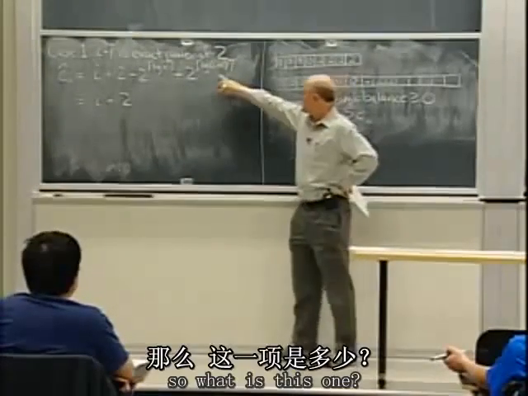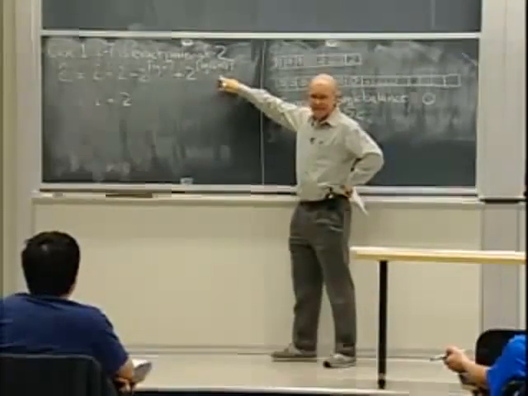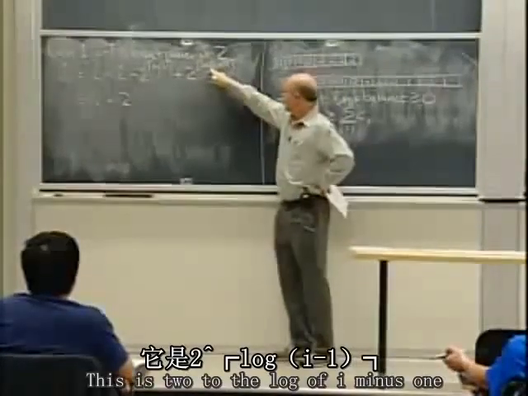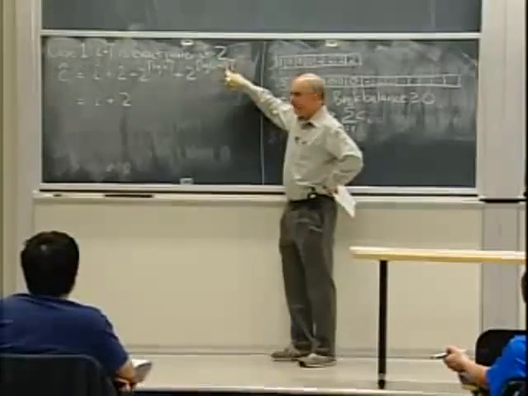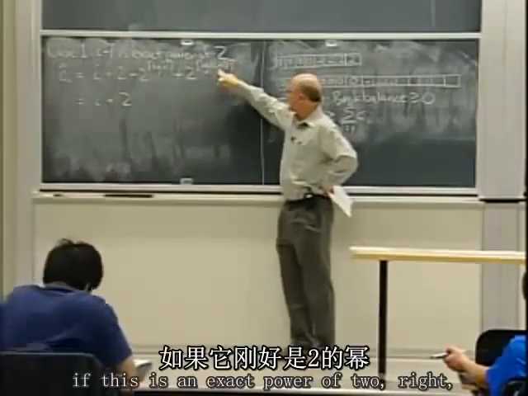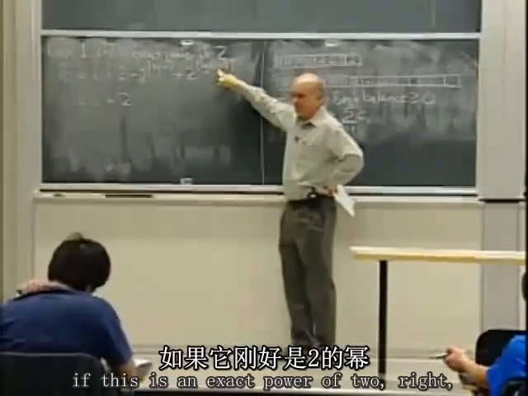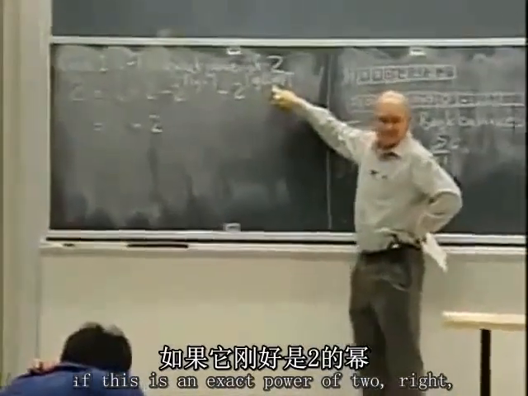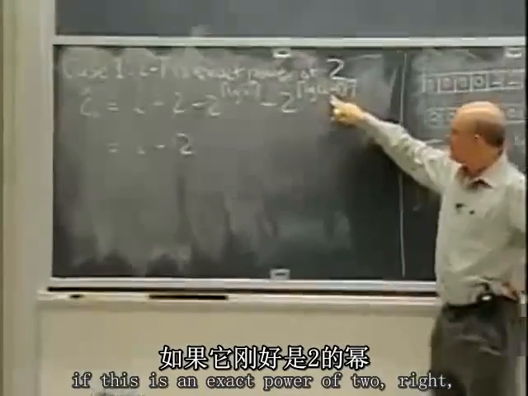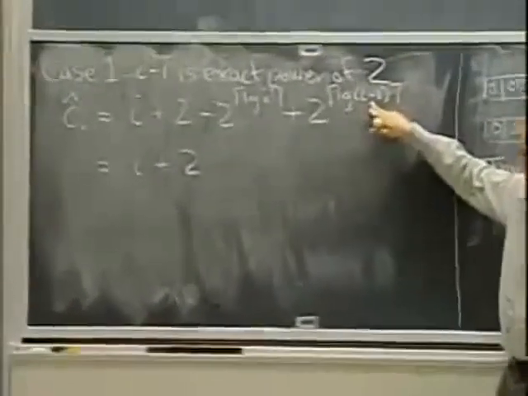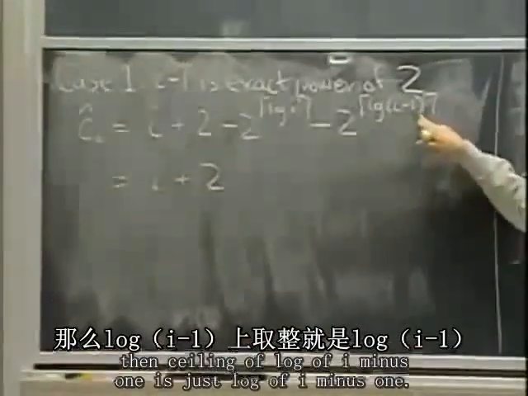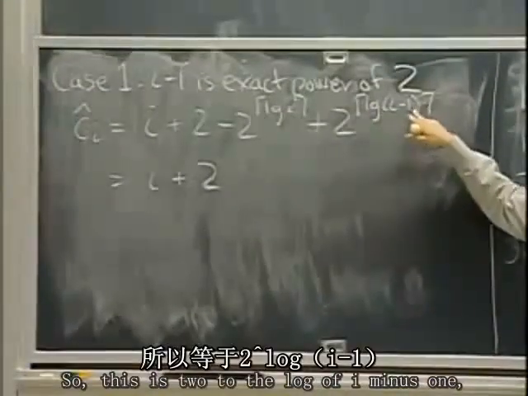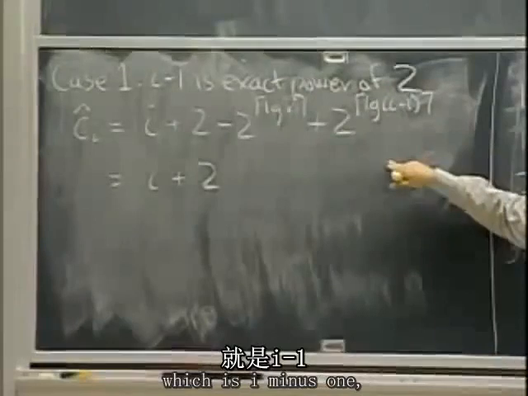Okay, so what is this one? This is 2 to the log of I minus 1, because if this is an exact power of 2, then the ceiling of log of I minus 1 is just log of I minus 1. So this is 2 to the log of I minus 1, which is I minus 1.